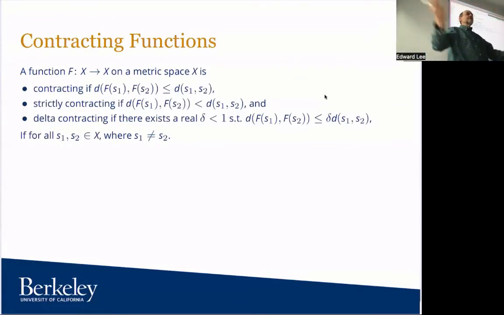Think of a three-dimensional geometric space. Suppose that I've got 2 points and they've got some distance between them. And I apply a function to them that brings them closer together. Reduces the distance. Okay? If I apply the function again, it reduces the distance further. If it's strictly contracting or delta contracting, it always reduces the distance.